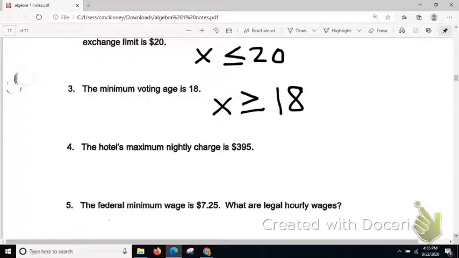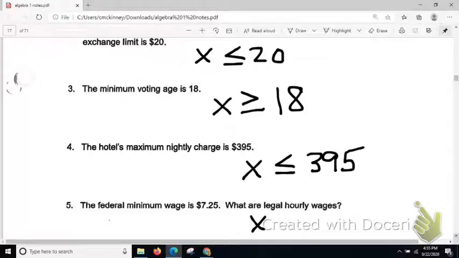The hotel's maximum nightly charge doesn't mean it's going to be more than that. It means less than or equal to the $3.95. And the minimum wage means legal hourly wages are greater than or equal to $7.25. So those minimum, maximum, you had some clues about that from yesterday's notes.